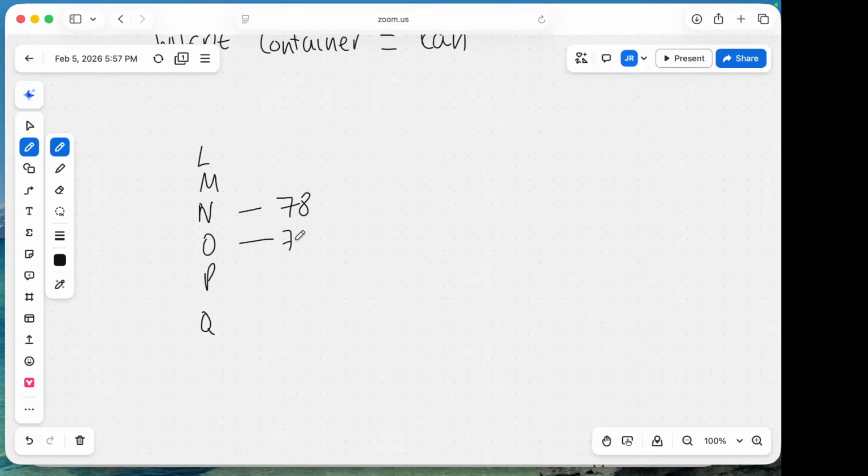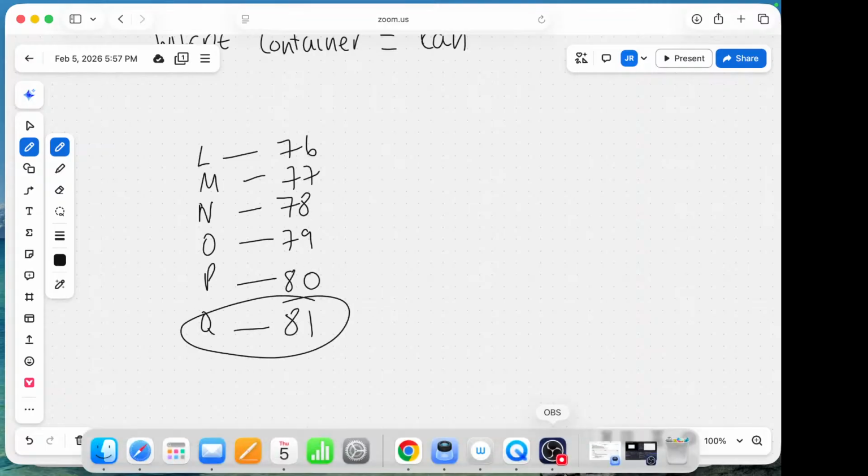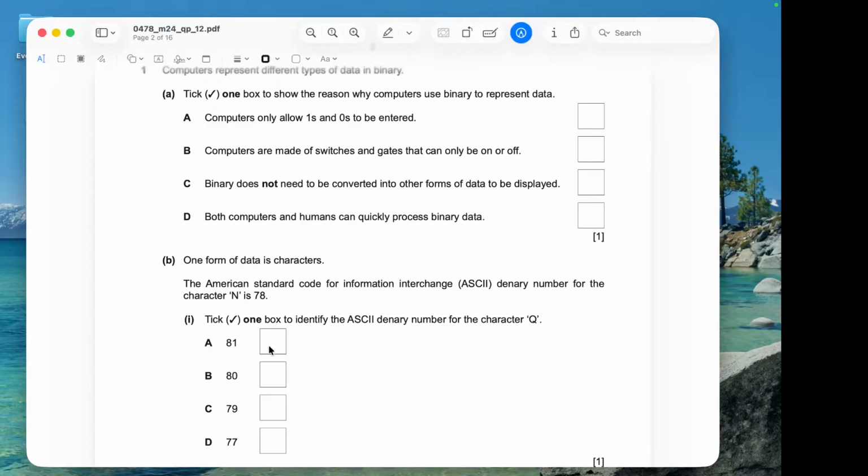So O is 79, P is 80, which means that Q, which is what they're after, is 81. So M would be 77, L would be 76. So that's all they want you to know about ASCII. You don't need to remember these off by heart, just know that they go up and down. So Q is 81, and that was what they're after. That's the answer.